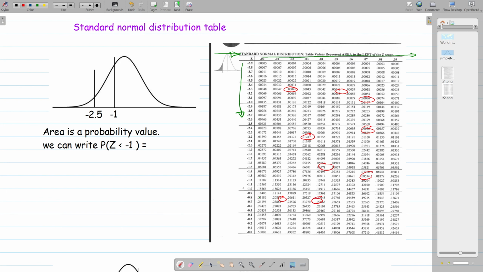The first column and the first row together give the particular Z value for each area. Now look at this value. This is 0.00317.